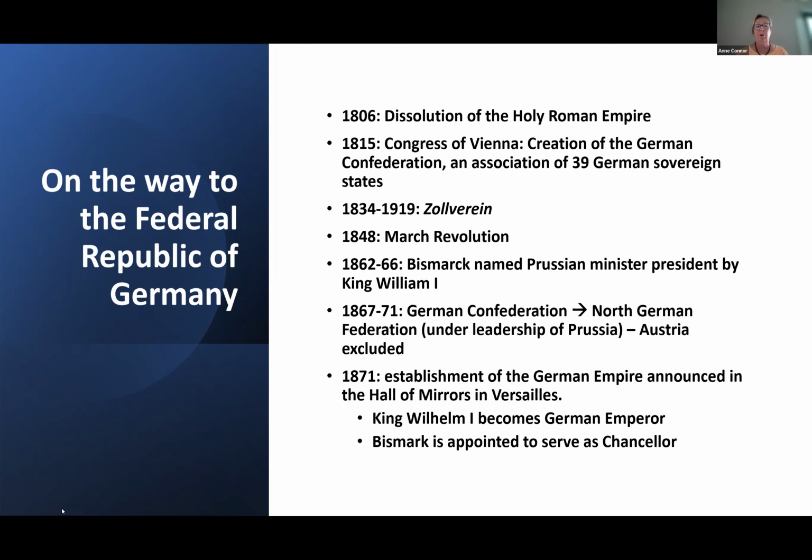And in 71, after the Franco-Prussian War, you have the establishment of the German Empire announced in the Hall of Mirrors in Versailles. We saw that painting last time. King William I becomes German emperor, and Bismarck is appointed to serve as chancellor, and that's history. Following that, we'll have, of course, the First World War.